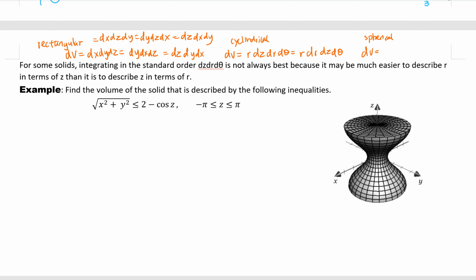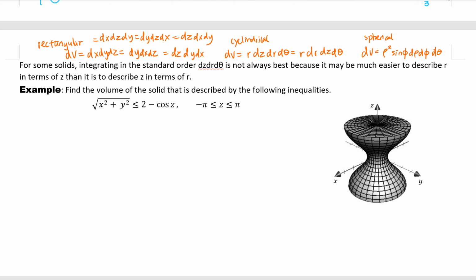We have dv equals rho squared sine phi d rho d phi d theta. It could be other orders as well, but usually for our surfaces rho is a function of phi and theta, so this is the natural order. Depending on the problem, we might have another order.